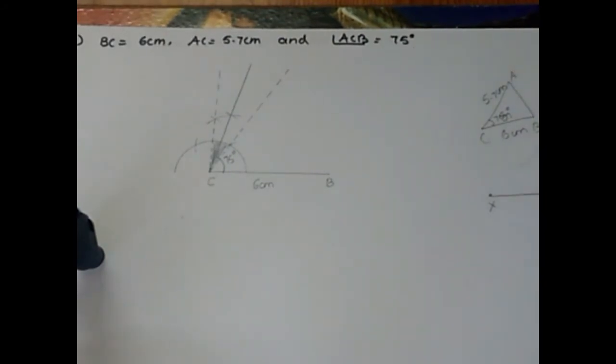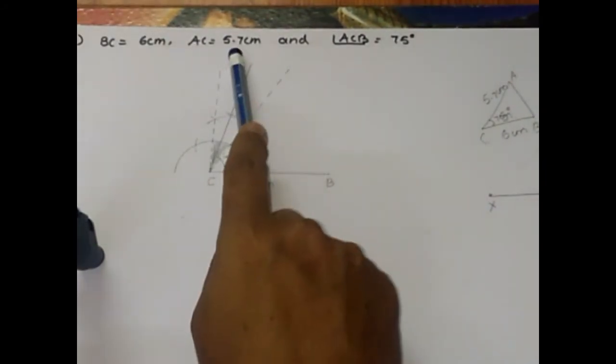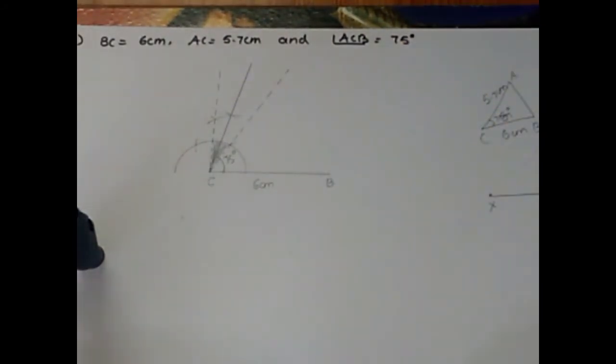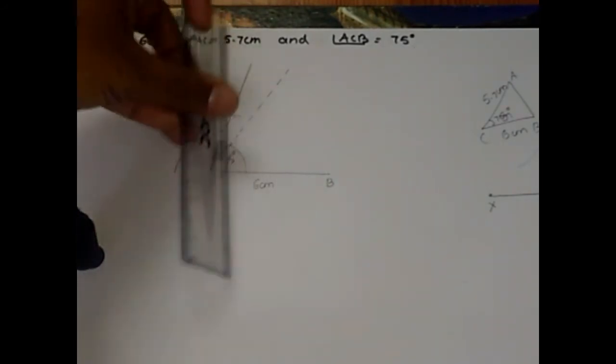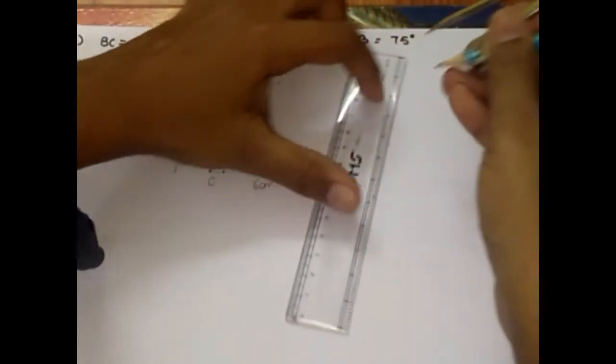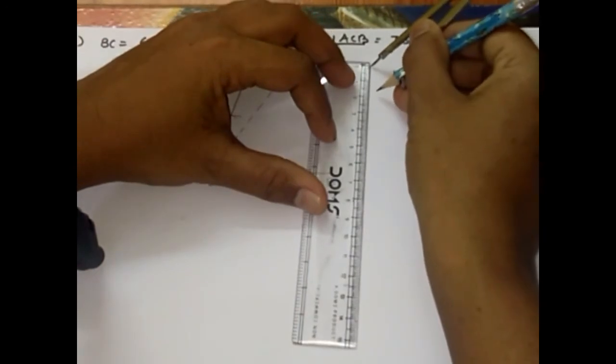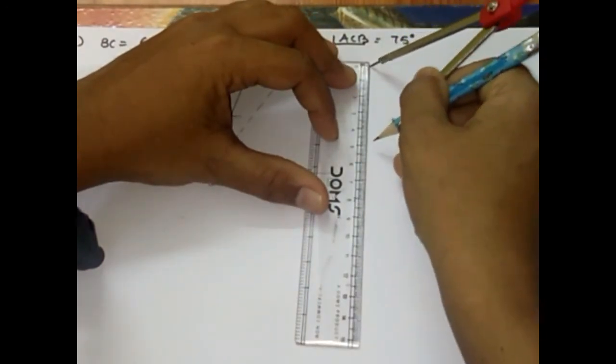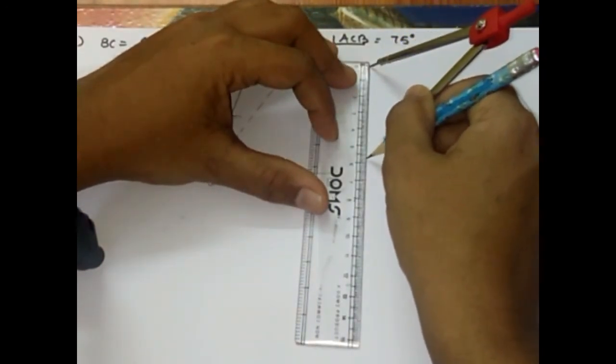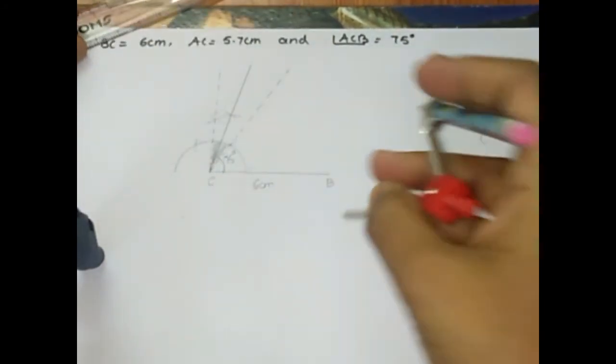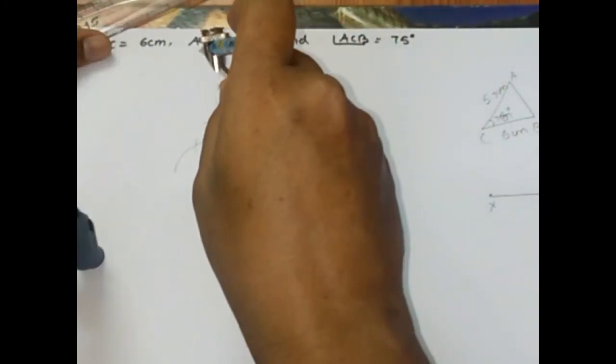Okay children, now what is the next step? AC measurement is 5.7. So use your scale and take the measurement of 5.7 centimeters, which is 7 lines after 5 or 3 lines before 6 centimeters.